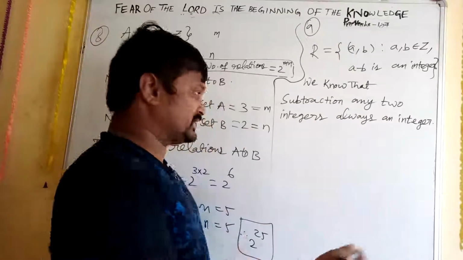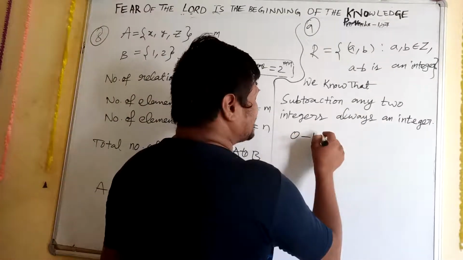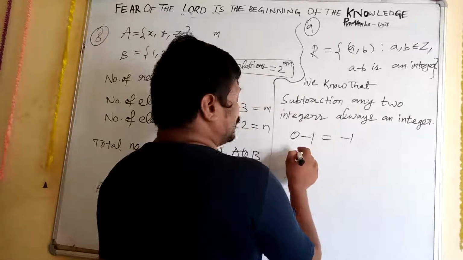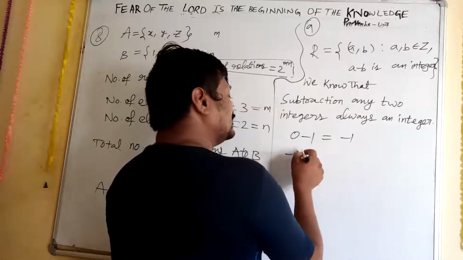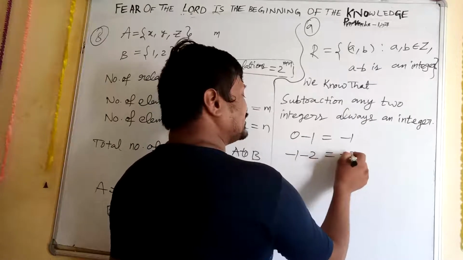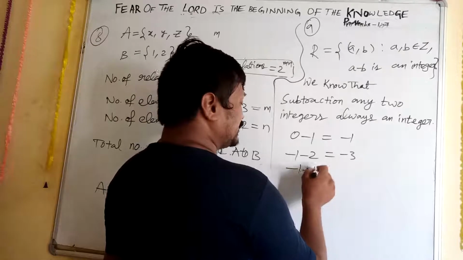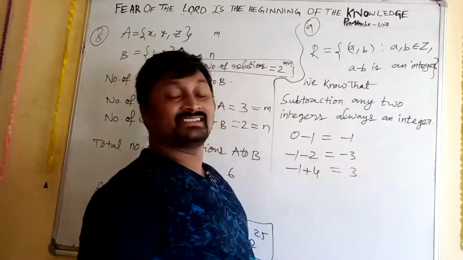If you want, let's check now. 0 minus 1, what are you going to get? Minus 1, that is an integer only. You want another one: minus 1 minus 2 becomes minus 3, that is again an integer. Minus 1 plus 4 is 3, again an integer.